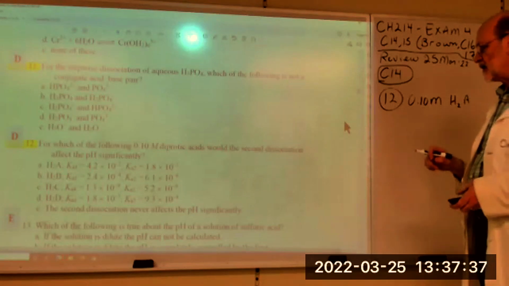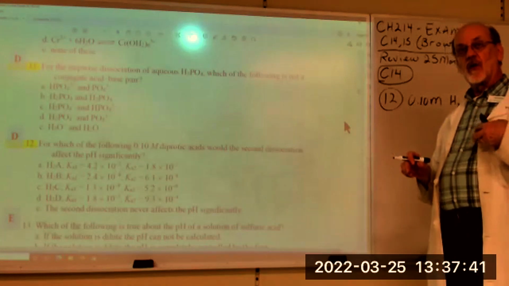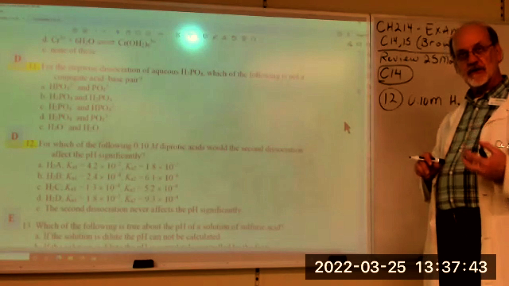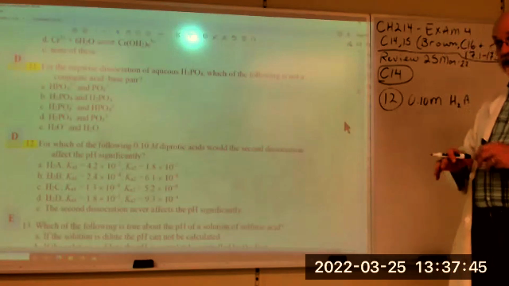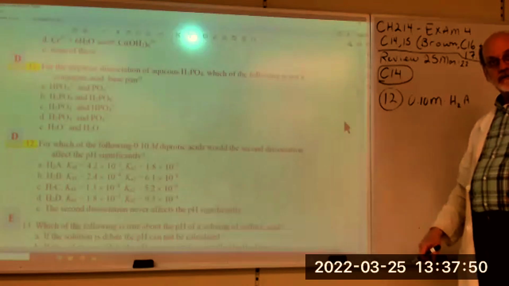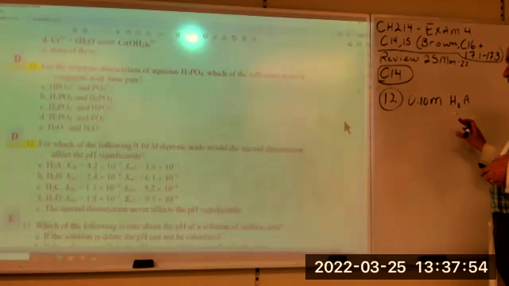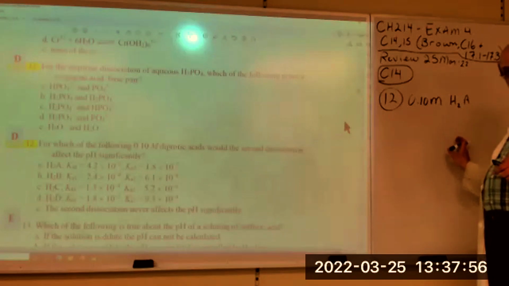Remember, when it dissociates, the second K is always less than the first K. Sometimes it's way, way, way smaller. Sometimes it's pretty close. So the effect that the second one would have on the first one depends on whether the second Ka is close to the first one.